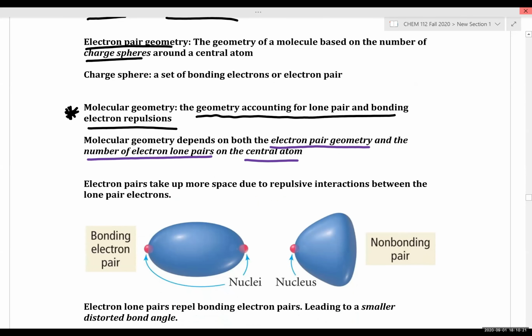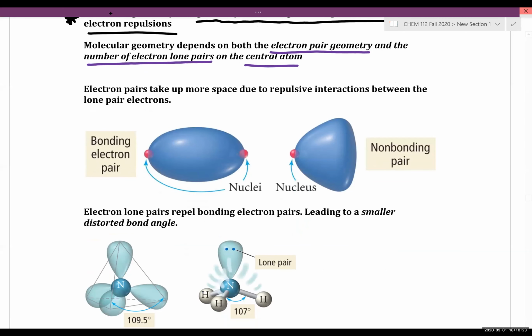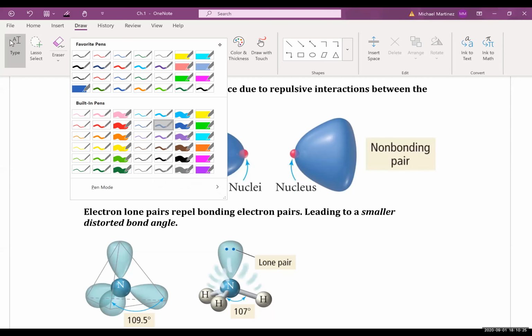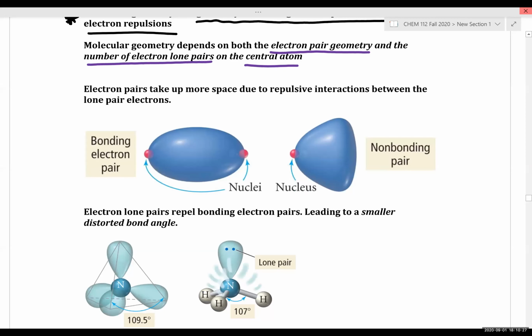Now, to explain why this is, we need to think about lone pair electrons. And what we notice is that electron lone pairs take up more space due to repulsive interactions between the lone pair electrons.